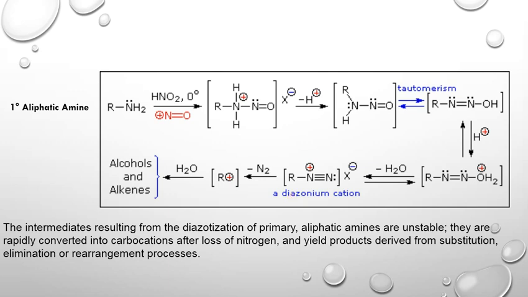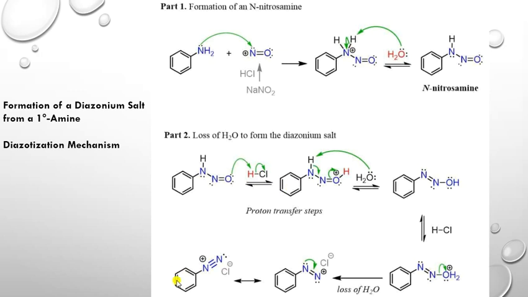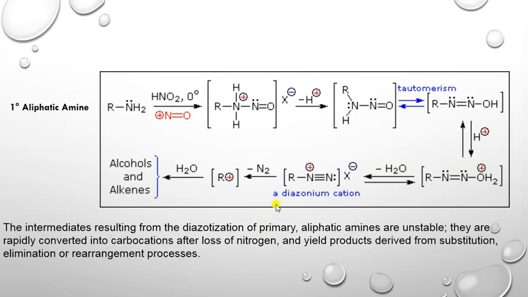The diazonium cation, since there is no aromatic ring to share the positive charge as in the aromatic amines, will lose N2 as nitrogen gas to produce a carbocation intermediate, which then converts to alcohols or alkenes or other final products, not diazonium salt.